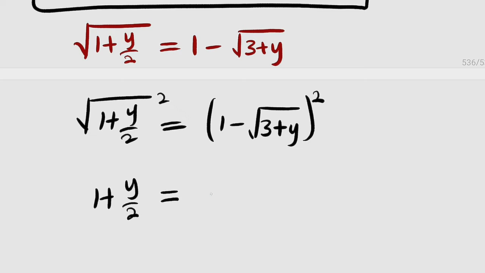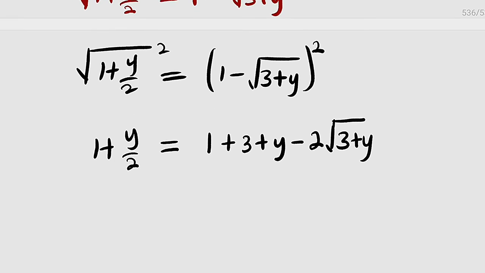And this is equal to, you take the first term, which is 1, you square that, you have 1. You add second term squared also, it will eliminate the square root, leaving 3 plus y. Then because of that minus, we attach minus here, 2 multiplied by 1 multiplied by the square root of 3 plus y.